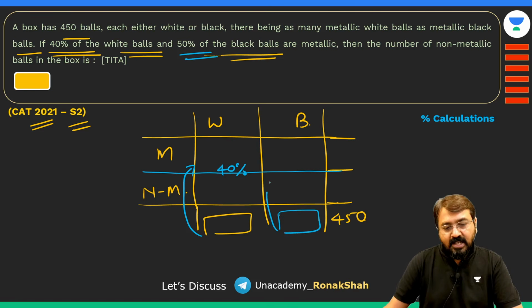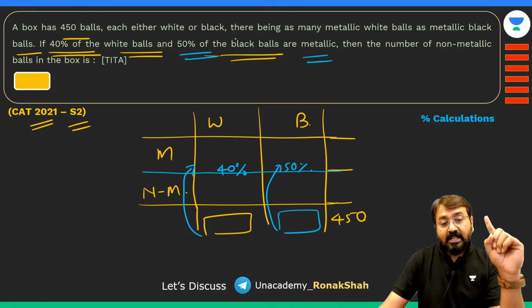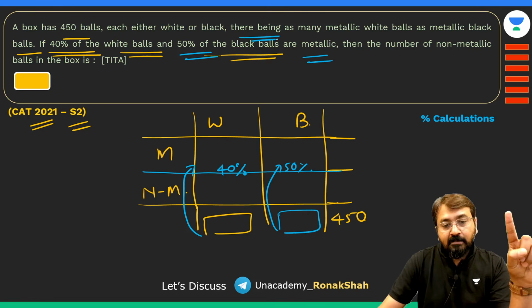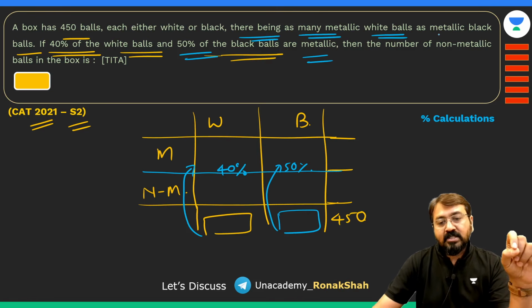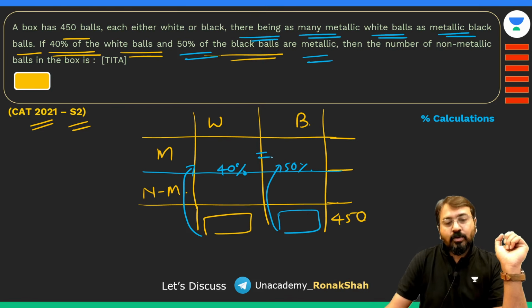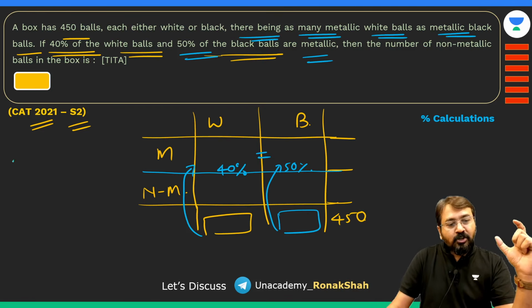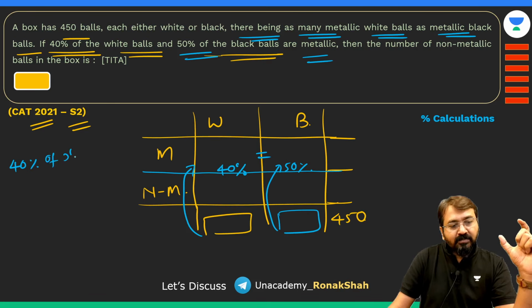Whatever black balls are there, 50% of them are metallic. Now see, at the beginning they have mentioned there being as many metallic white balls as metallic black balls. So can I say these two are equal? So 40% of x is equal to 50% of y.